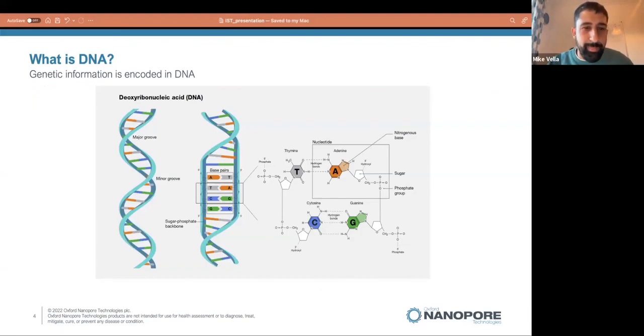This is a picture I assume almost everyone in the audience is very familiar with. Genetic information is encoded in DNA. And what is DNA? It's a large biomolecule that carries genetic information, and it's made up of chains of nucleotides. There are 4 nucleotides: adenine, guanine, cytosine, and thymine. These are nitrogenous bases along a phosphate backbone.